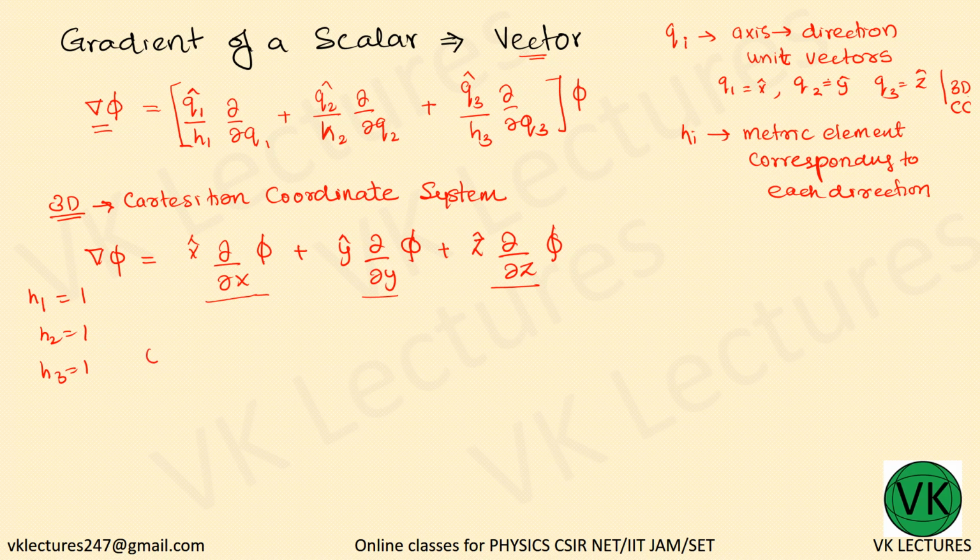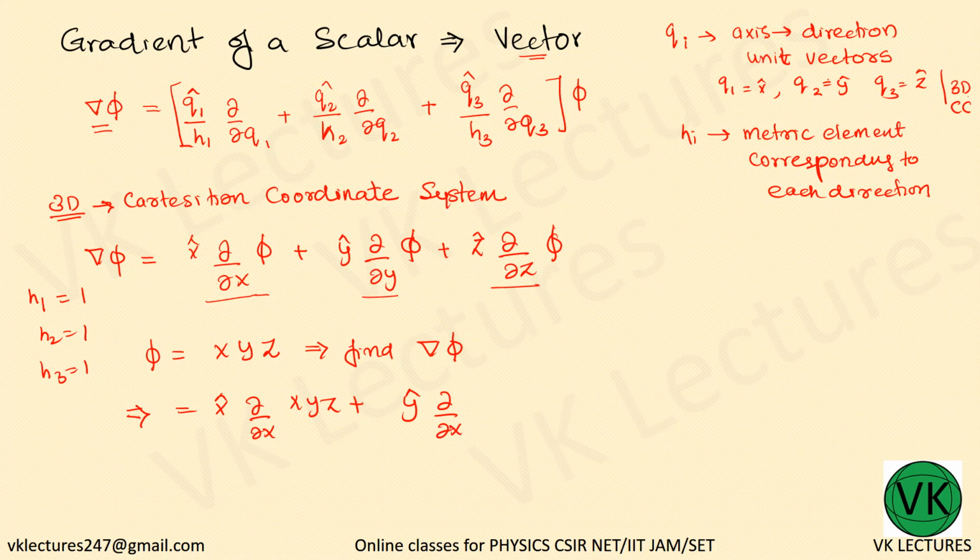Now for example, if phi is equal to xyz, find del phi, which is equal to x cap into dou by dou x of xyz, plus y cap into dou by dou y of xyz, plus z cap into dou by dou z of xyz.